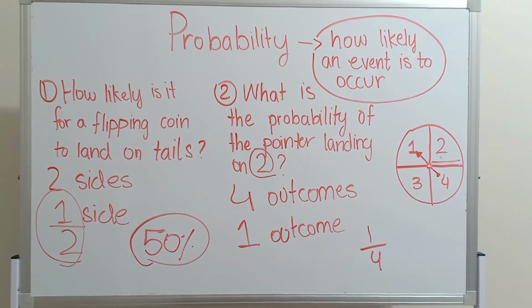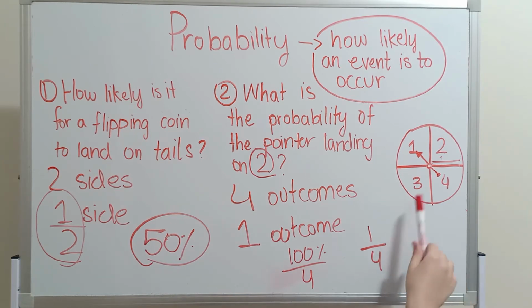So let's do this again. There's a 100% chance that moving the pointer will give us some kind of outcome. We divide by the number of outcomes to find the chance of having only one outcome.